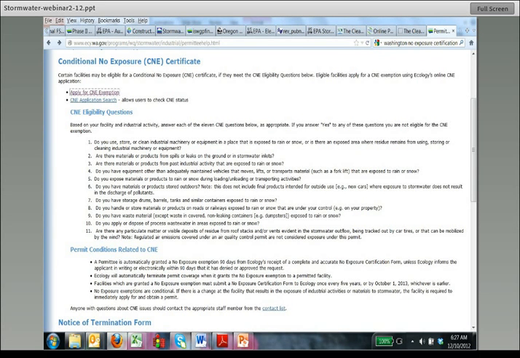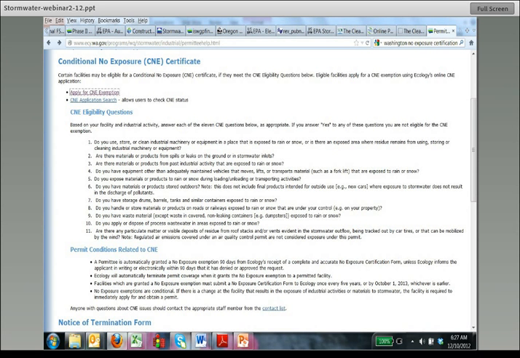So what Washington State has done here is a good step in that direction, making sure that people understand if you have any of these things, it's less likely, and you're not going to be eligible for this exclusion.